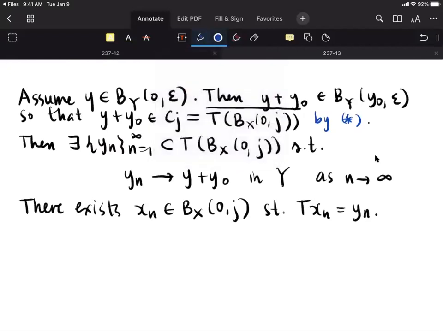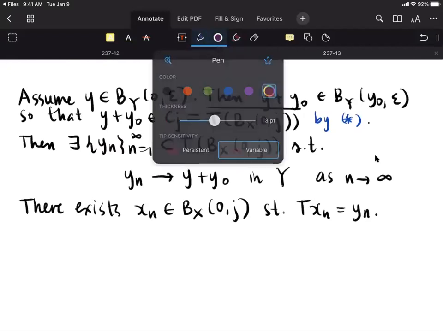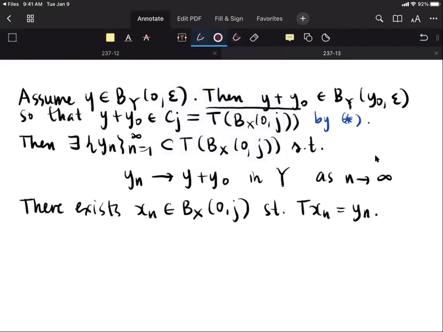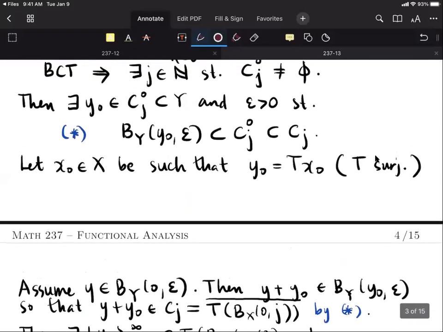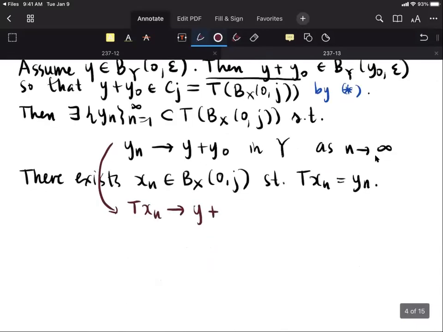And from this, we can now write this as follows. So T of x_n tends to y plus what is x naught? Or y naught. So y naught is equal to T of x naught.